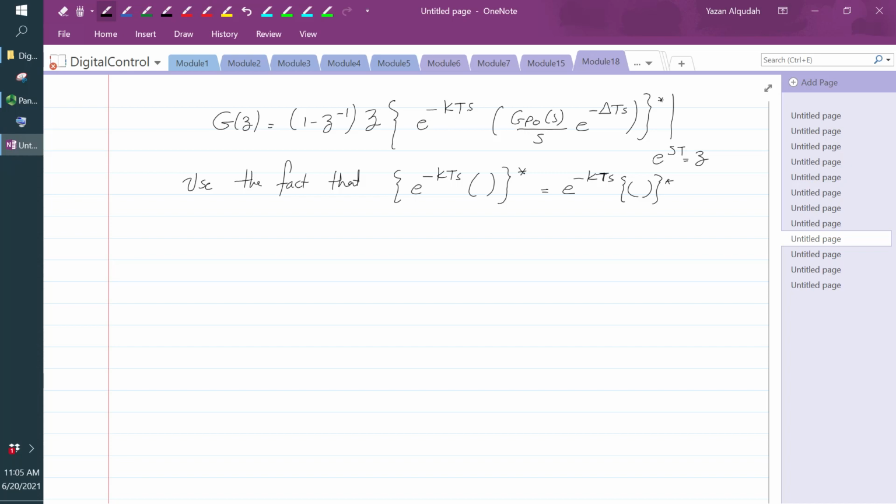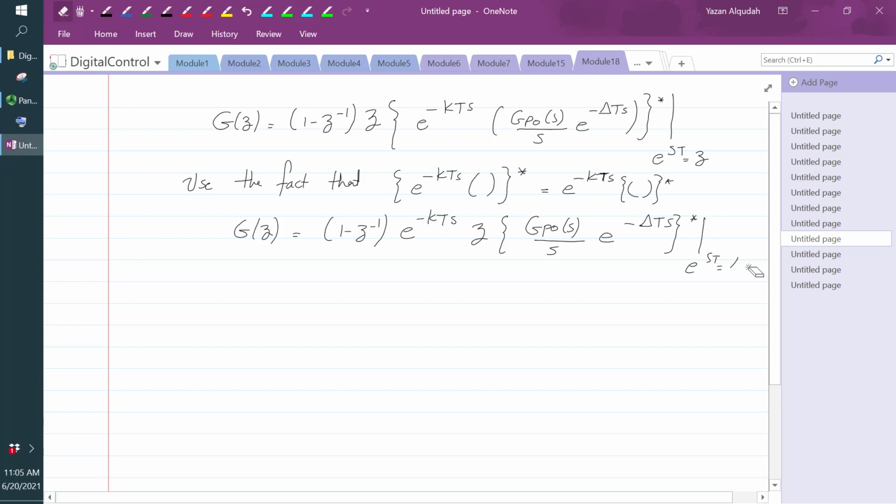Okay, so therefore we can write G of Z as equal to 1 minus Z to negative 1, e to negative K multiplied by T multiplied by S, and then the Z transform of GP0 of S divided by S, e to negative delta T S. This is star, e to ST equal to Z. And this we can express as G of Z equal to 1 minus Z to negative 1.